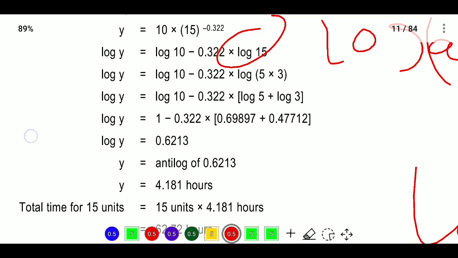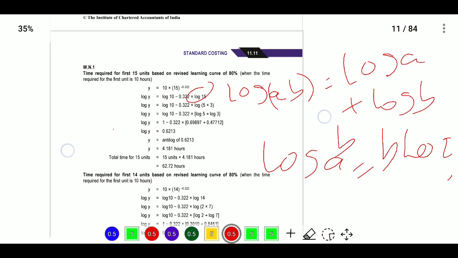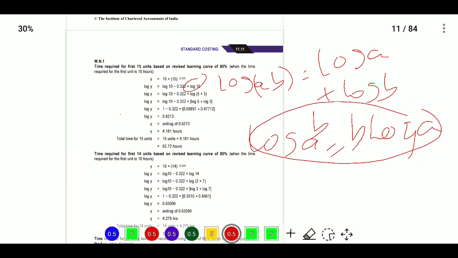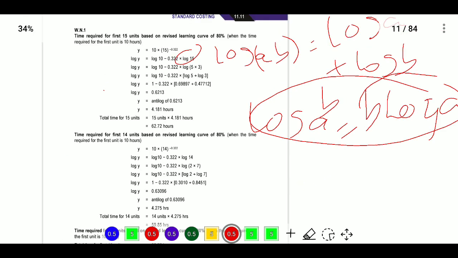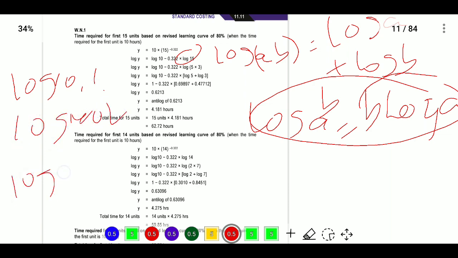The coefficient value will come down, because this is the case of log A to the power of B, so 0.322 will come down. Now for log 10 values, log 10 will be 1, log 100 will be 2, log 1000 will be 3.